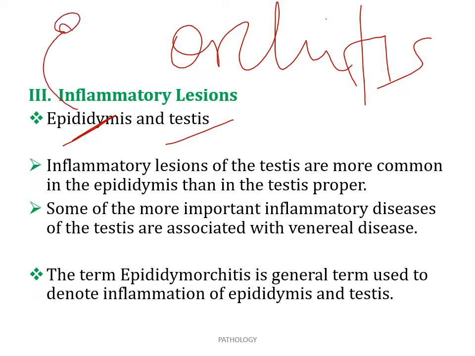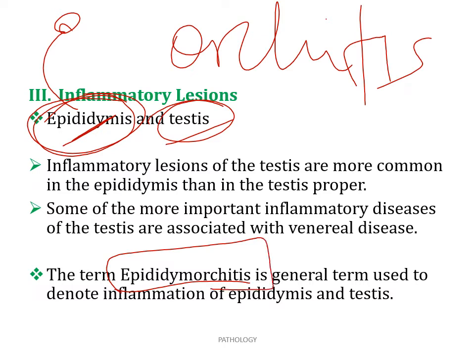Inflammation of the epididymis is known as epididymitis, but it's less likely to have inflammation of the epididymis alone without involving the testes. So we prefer to use the term epididymo-orchitis. Epididymo-orchitis means inflammation of both the epididymis and the testis.